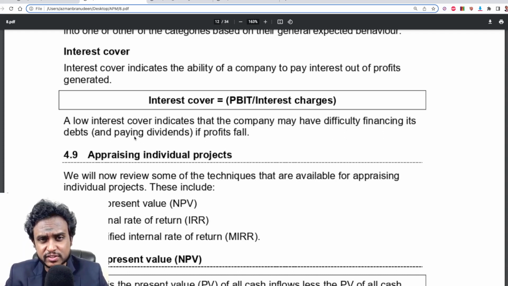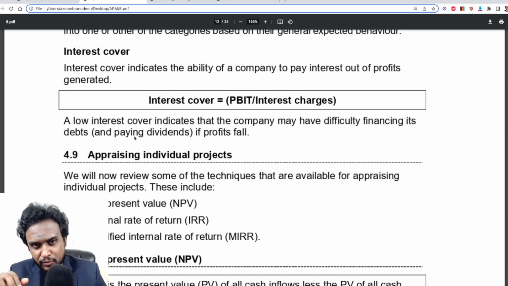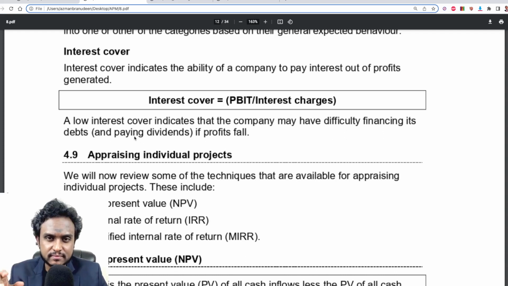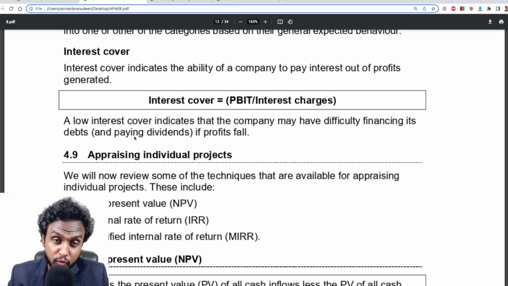This is a very good ratio, because if your PBIT is, let's say, 100,000, and your interest is 10,000, it means that your interest cover is 10 times, right? 100,000 divided by 10,000 is 10 times, which means you're making 10 times your interest, so after you settle your interest, you have 9 out of 10 of that money left over. That's a very strong position to have. But that all depends on your company and its own numbers.